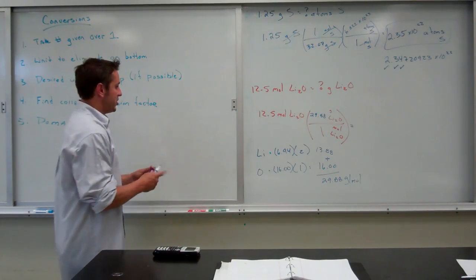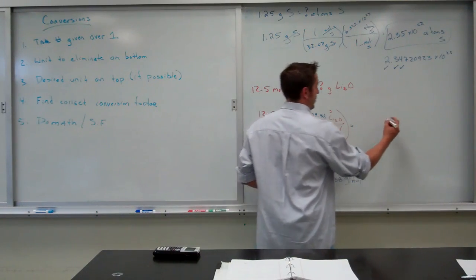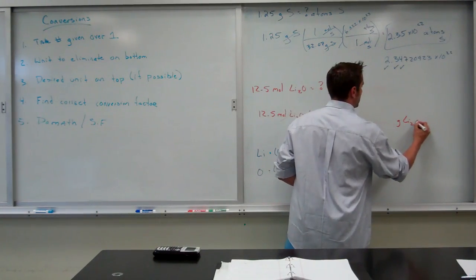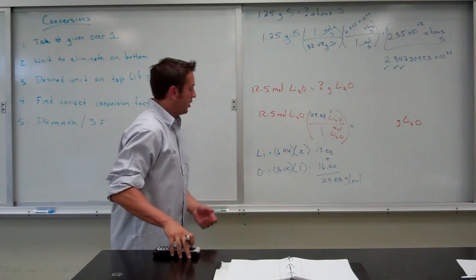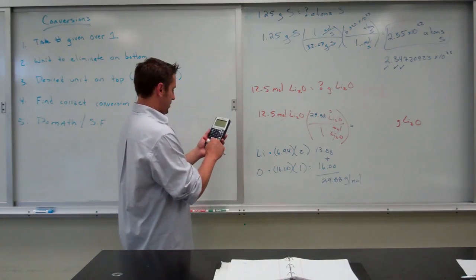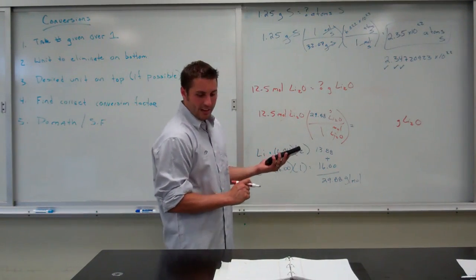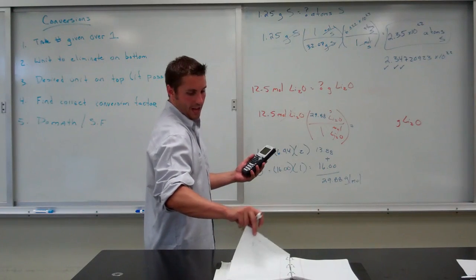From here out, it's just finishing the math problem. Moles cancels, leaving me with grams Li2O. And we take our 12.5 times 29.88. I get 373.5.